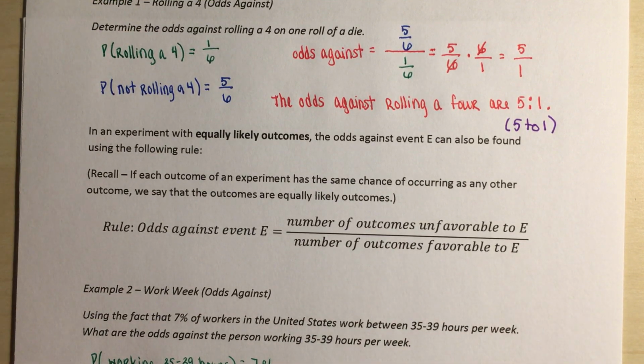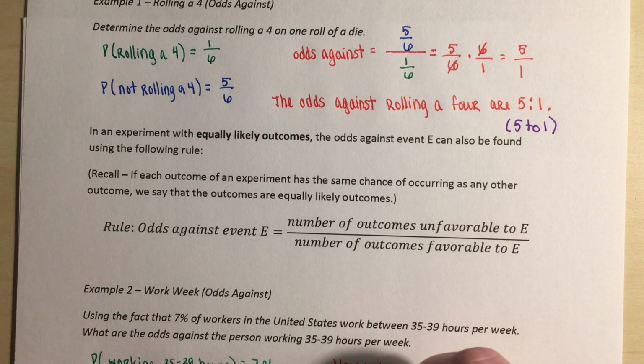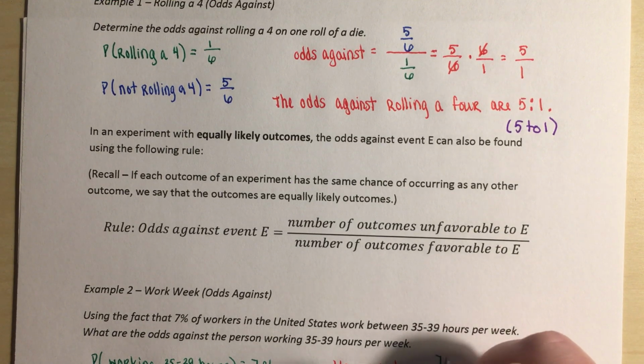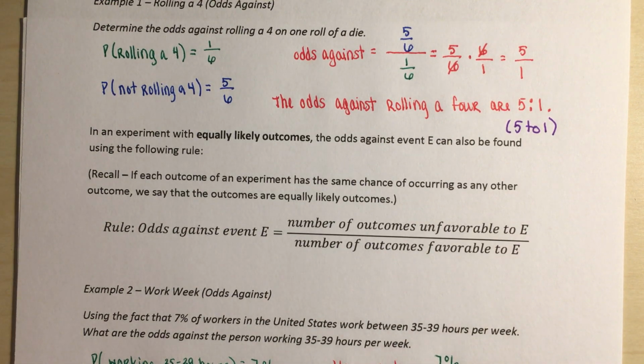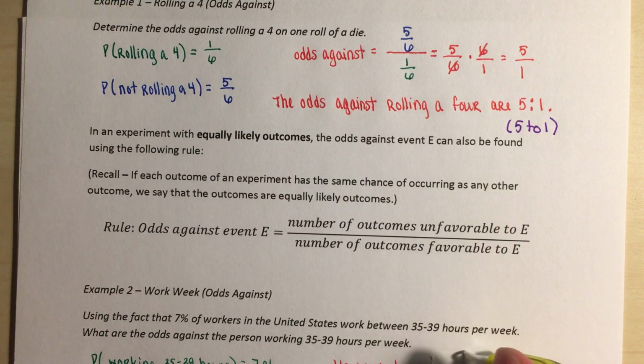So for our odds against, this time we're just going to take our percentages. Failure goes on top because we're doing odds against, so 93% should go up top.